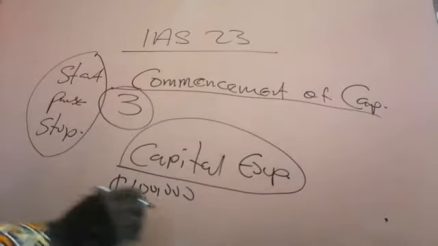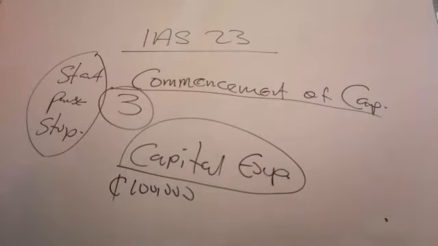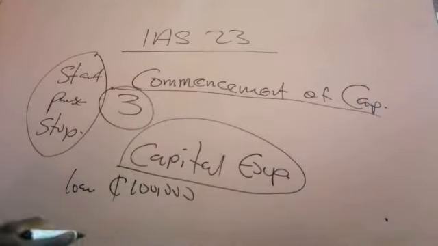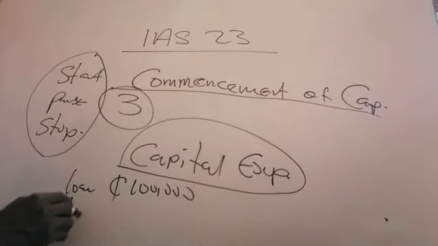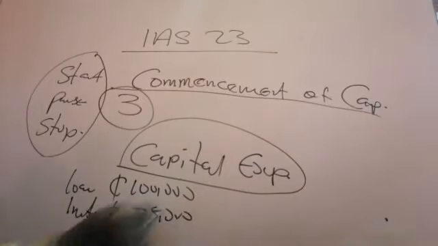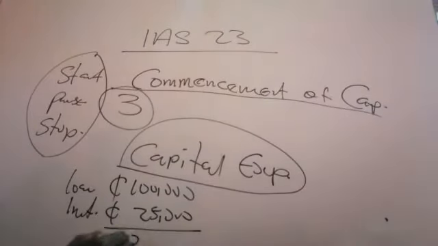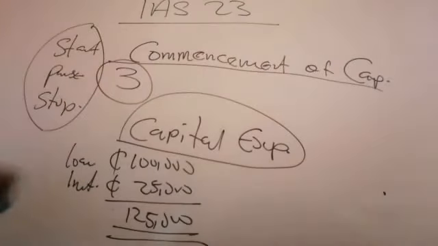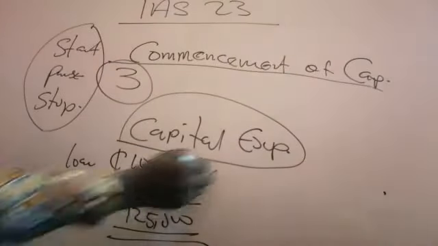So if asked to calculate the cost of the building, I say, okay, loan amount, that's 100,000. The interest, which is eligible for capitalization, 25,000. So therefore, the cost of the asset becomes 125,000.